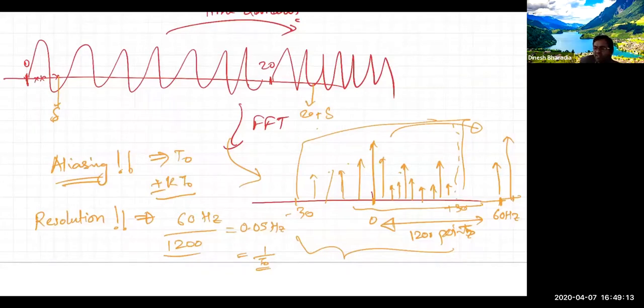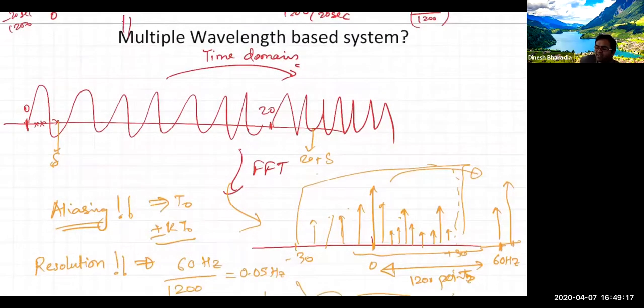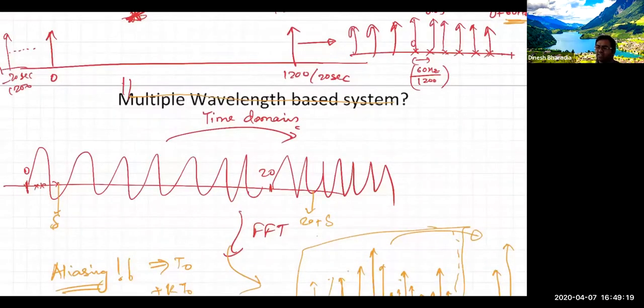So next class, this title should be cut off for this. This was FFT continued. Next class we'll go over multiple wavelengths and how you can think of this system when you have multiple wavelengths, and that's really how we can make it more robust.